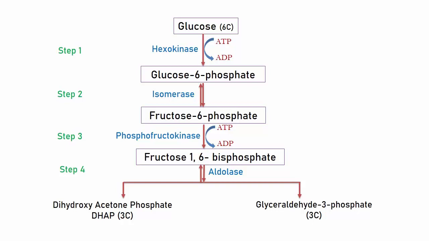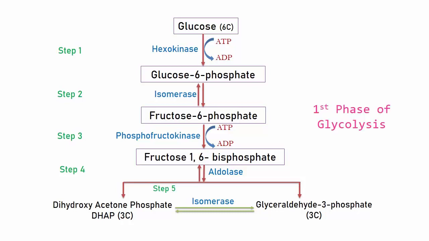The enzyme that catalyzes this reaction is called aldolase. Glyceraldehyde 3-phosphate, we say it also as 3-phosphoglyceraldehyde. Glyceraldehyde 3-phosphate and dihydroxyacetone phosphate are isomers, so they are interconvertible. They are interconvertible in the presence of the enzyme isomerase.